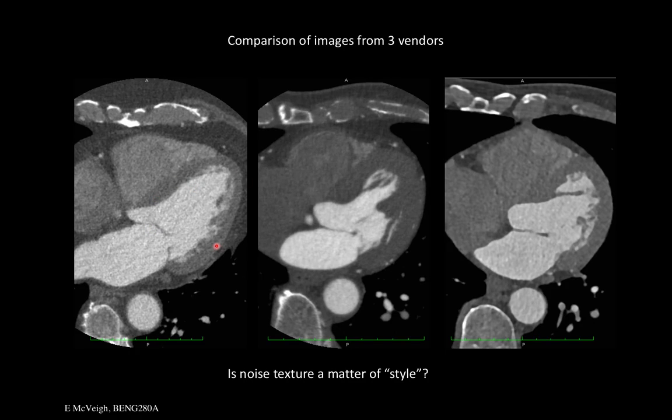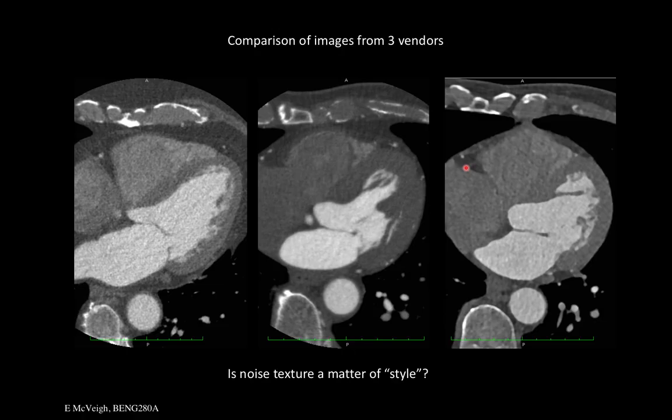So, left ventricle, three different vendors. I know which vendors they are. You tell me. We're going to take a vote. Everybody look at those pictures and pretend that you want to make a diagnosis, and your diagnosis depends on detecting some small difference in this signal here, or here, or here.